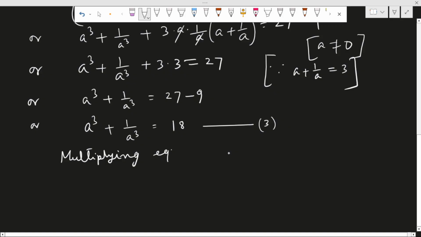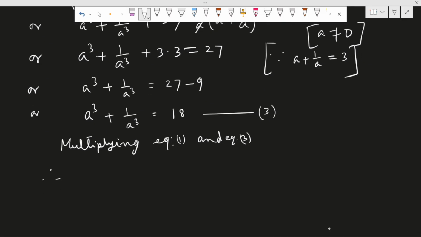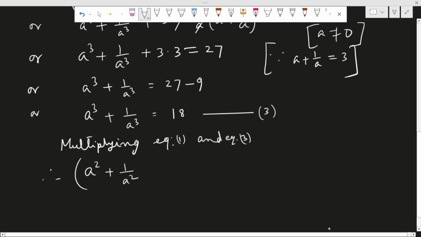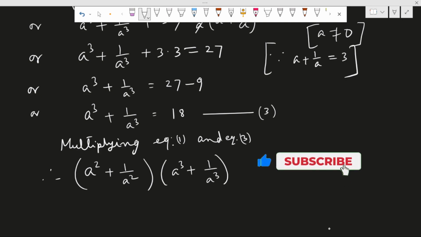Therefore, a square plus 1 by a square into a cube plus 1 by a cube is equal to 7 into 18.